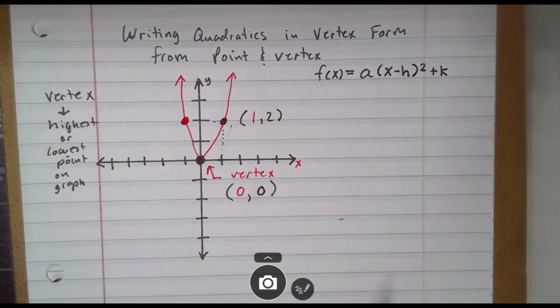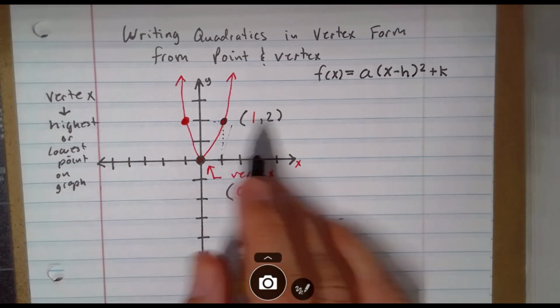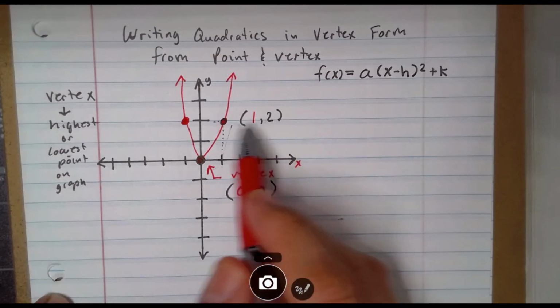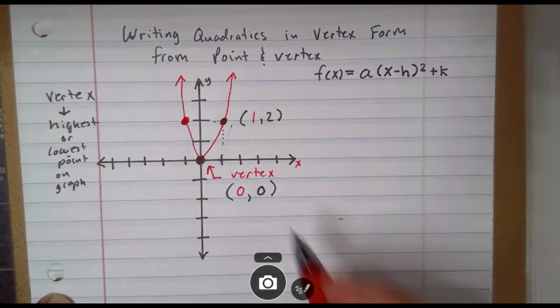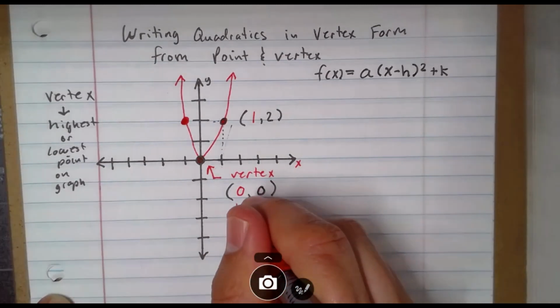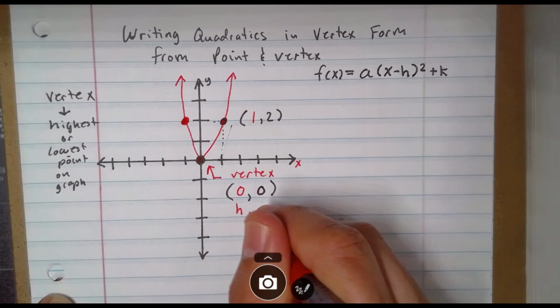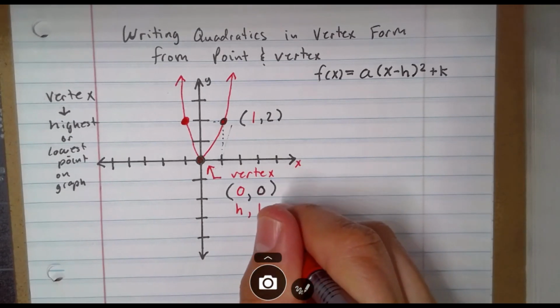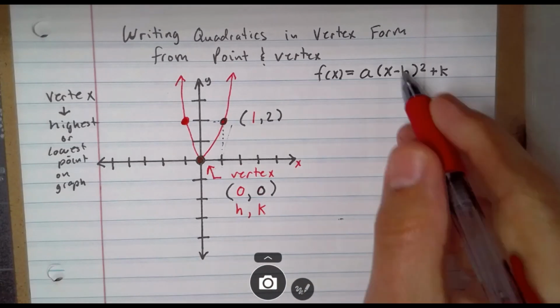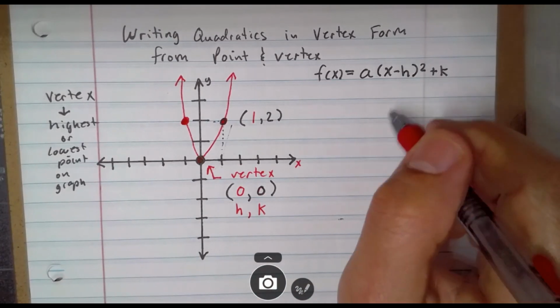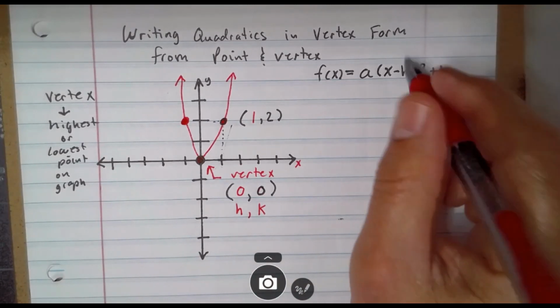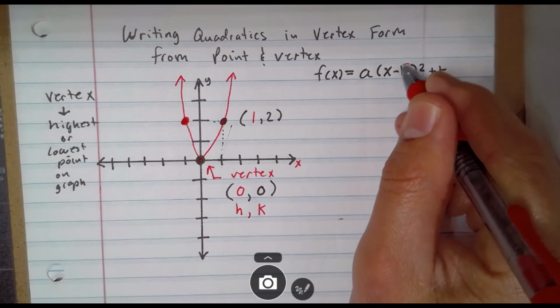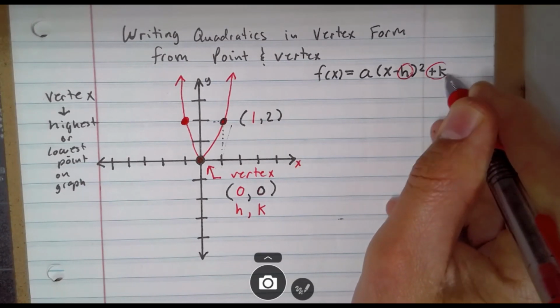Now, we are going to be substituting some values here, but before we start, I want to label some things on my vertex and on my ordered pair, which represents the point on my graph. For the vertex, I'm going to label the x value h, and I'm going to label the y value k. In this equation, I'm going to end up substituting them for h and k.